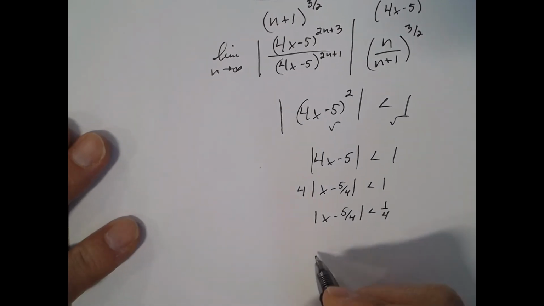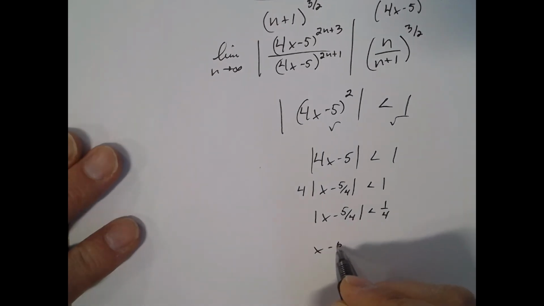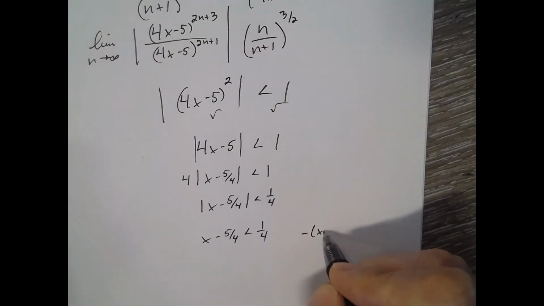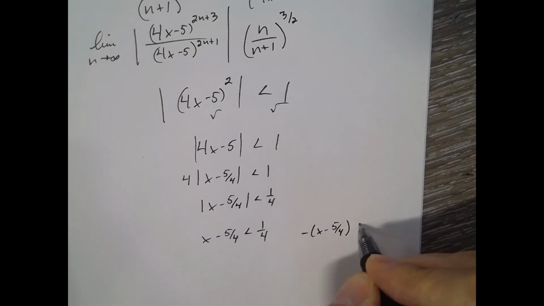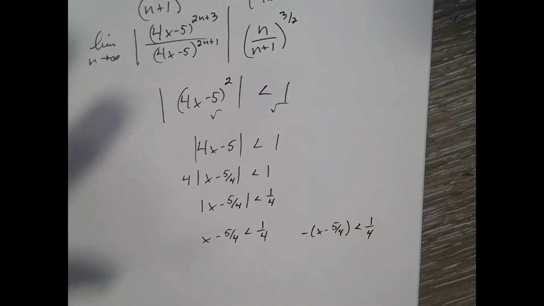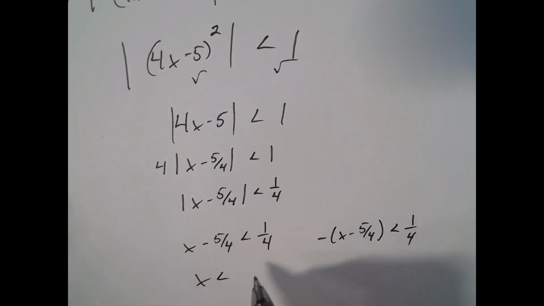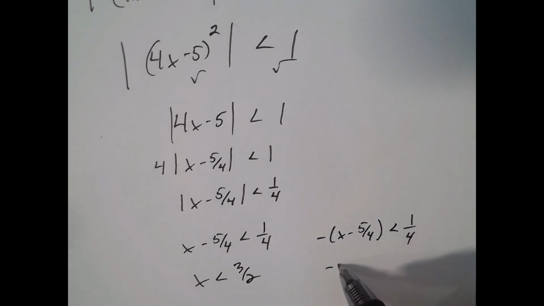So I have x minus 5/4 less than 1/4, or the opposite of x minus 5/4 less than 1/4. So add 5/4, x is less than 6/4 or 3 halves, and negative x plus 5/4 less than 1/4.